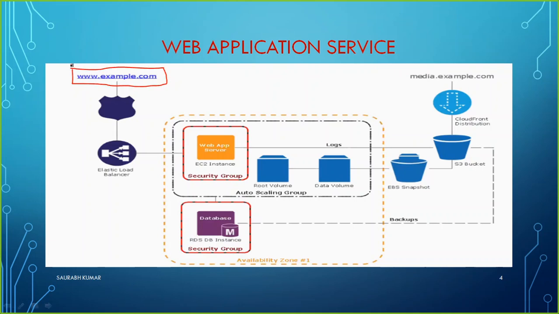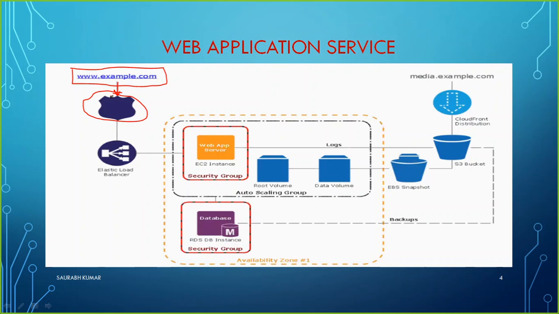Whenever a client or a user or a customer searches for this website, what happens first? This entry is going to hit, what is this symbol? If you remember, this symbol is nothing else, it is Route 53, which we have also discussed before.